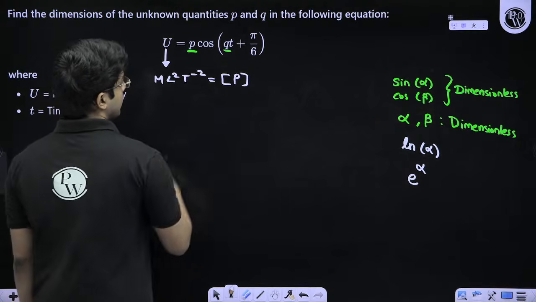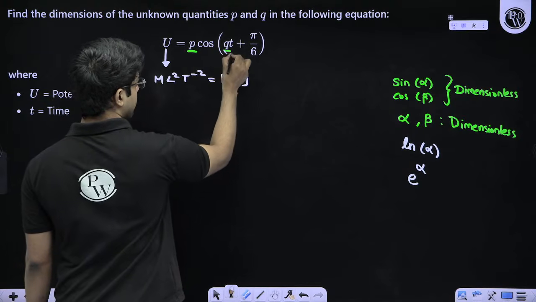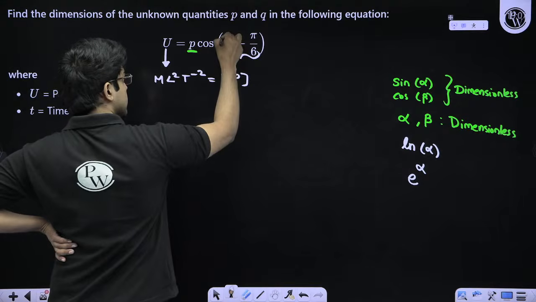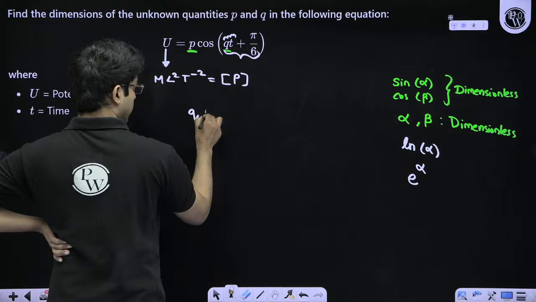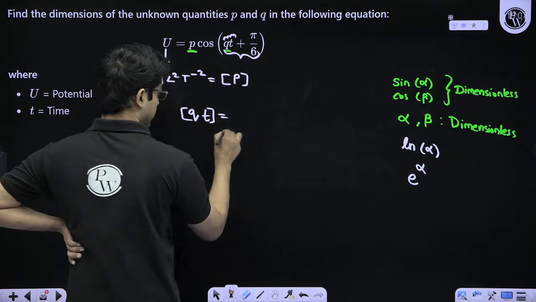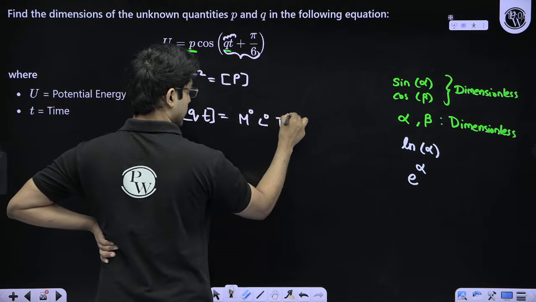Now for Q, whatever is inside the cos is also dimensionless. So this thing Qt is dimensionless. You can write it as M raised to 0, L raised to 0, T raised to 0.